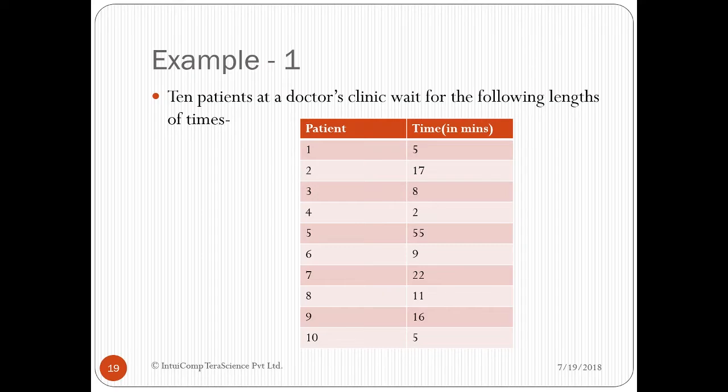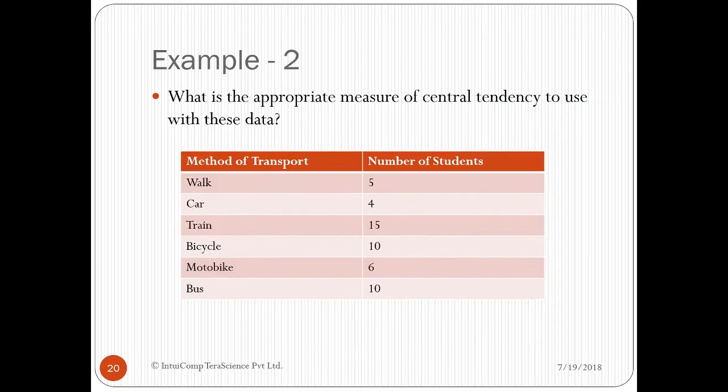Therefore, the outlier is a freak value and should be disregarded. The mode would not be suitable because it is just chance that two patients, patient number 1 and 10, waited for the same period of time and all the others waited for different periods of time.